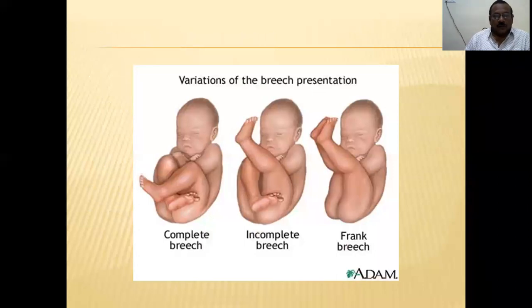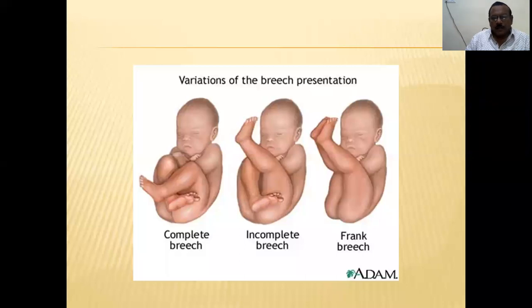So this is complete breech, and the second one is incomplete breech, or the third one is frank breech. These are two types of incomplete breeches. Complete breech is a universal flexion with the breech presenting at the lower uterine segment or occupying the pelvis.